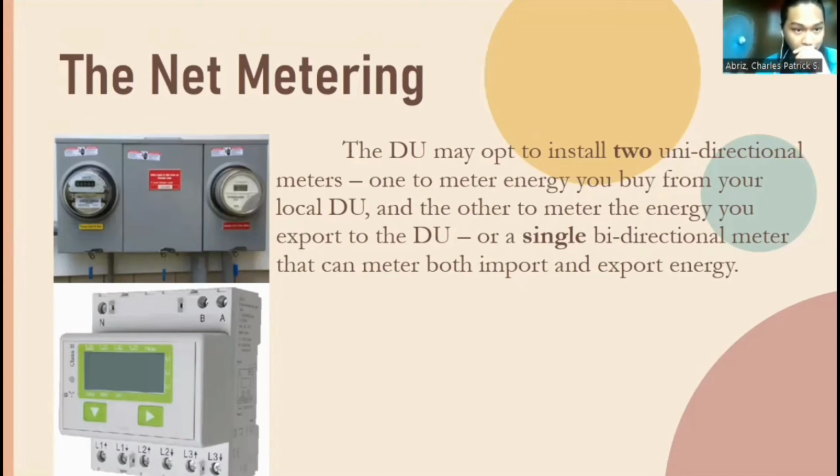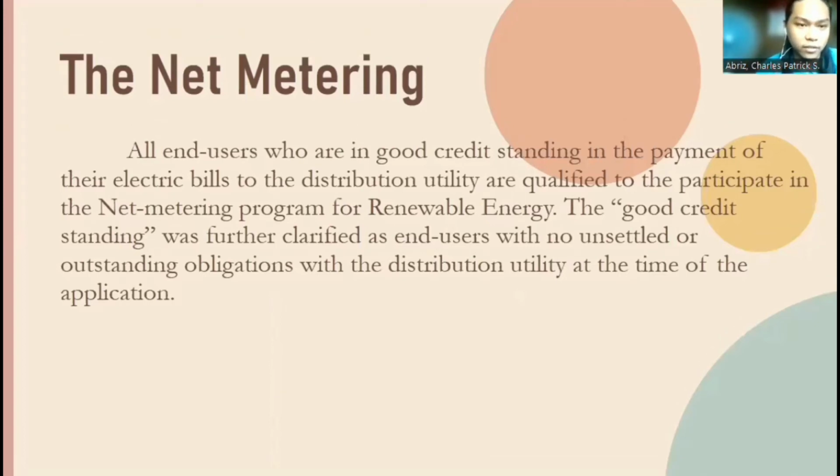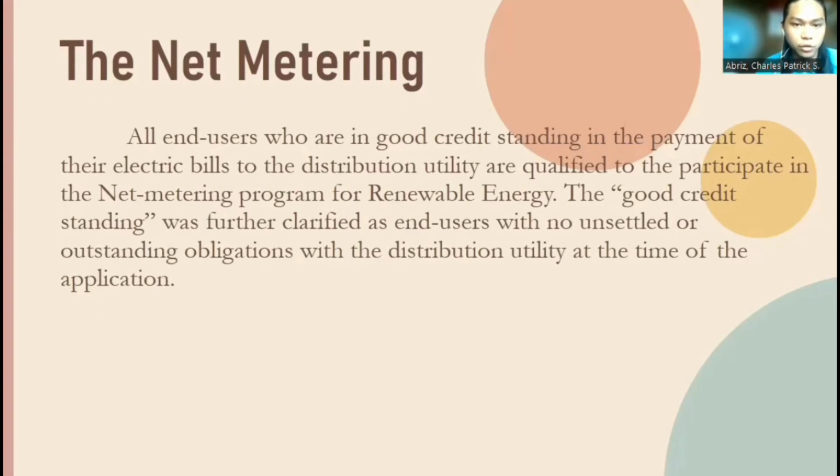Okay, next. Who is applicable for applying for net metering? All end users in good credit standing in the payment of their electric bills to the distribution utility are qualified to participate in the net metering program for renewable energy.